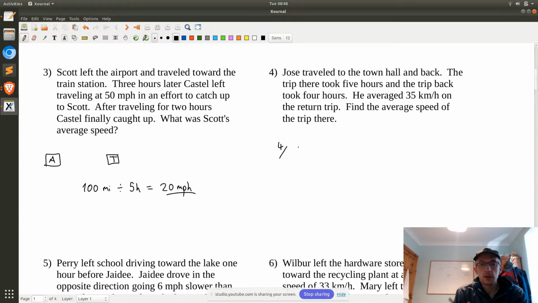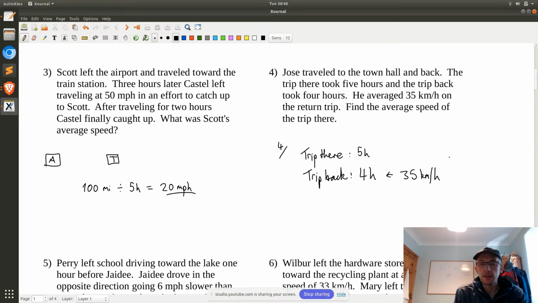In problem 4, Jose traveled to the town hall and back. The trip there took 5 hours and the trip back took 4 hours. He averaged 35 kilometers per hour on the return trip.